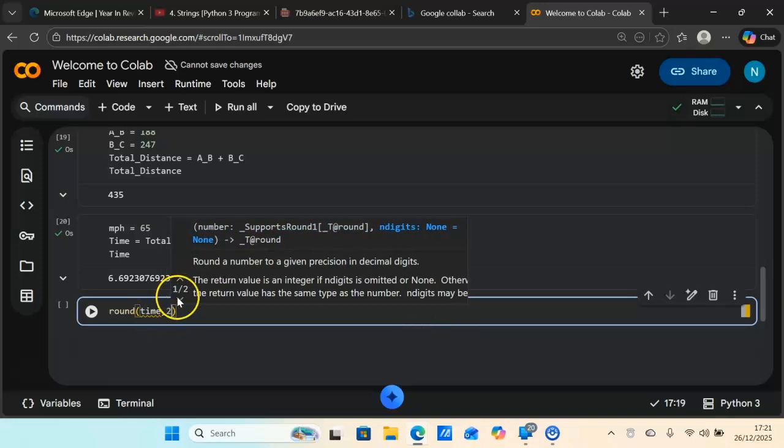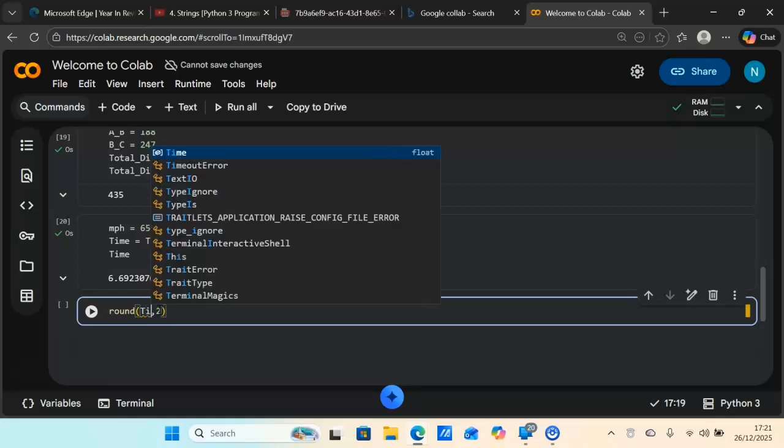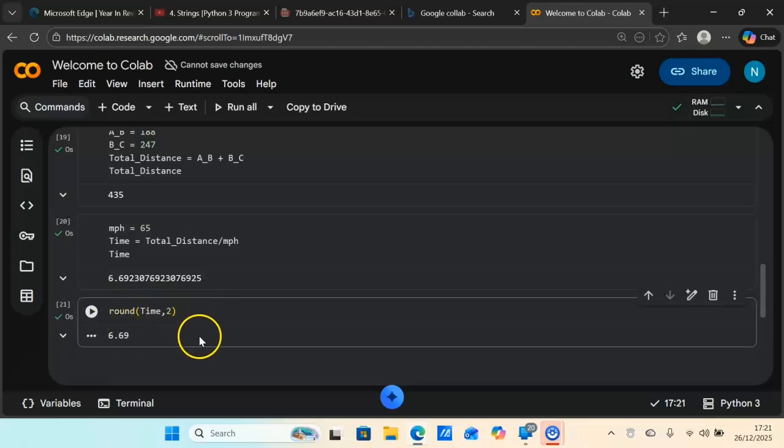So you just see here, it says round up your number to a given precision in decimal digits. For this, the time here is actually in capital letter, so you have Time here. So when you round up your time to 2 decimal places, you see you have 6.69.